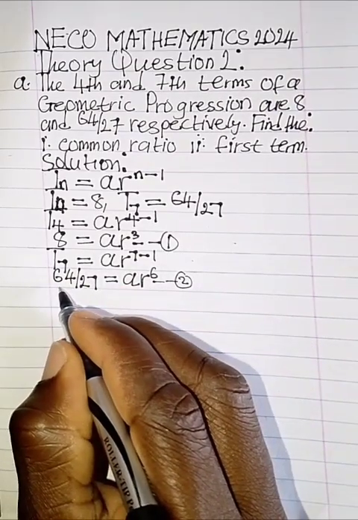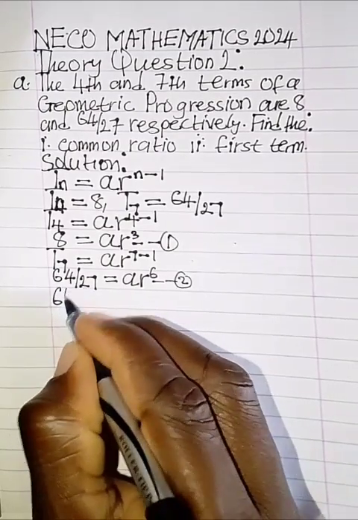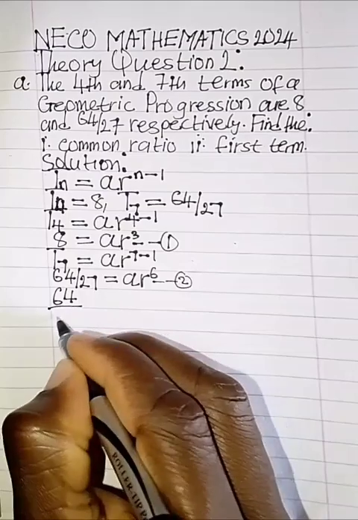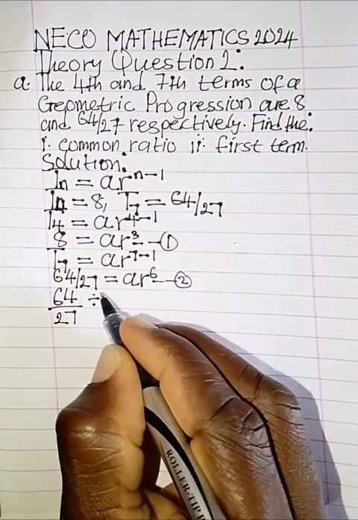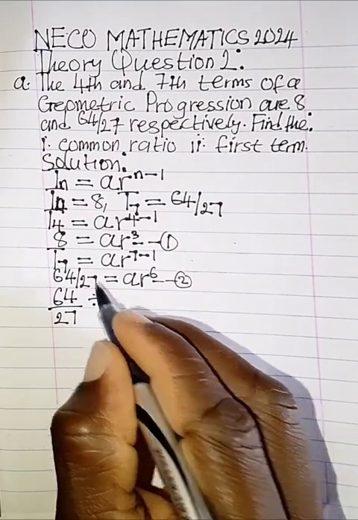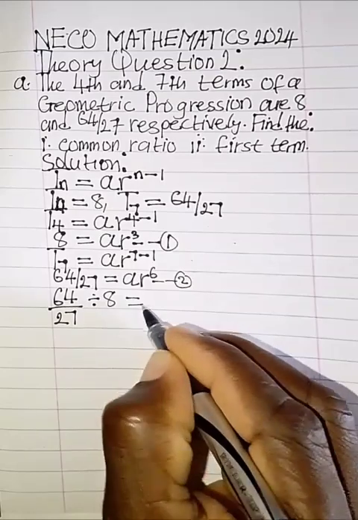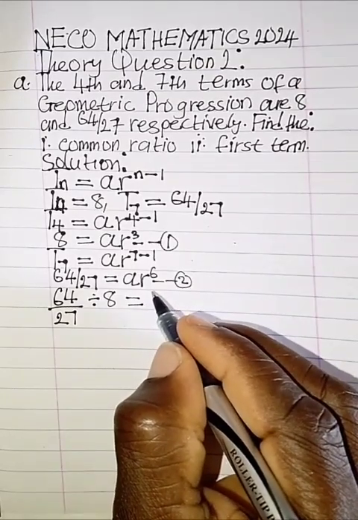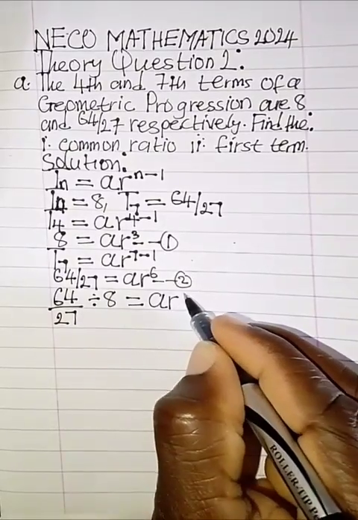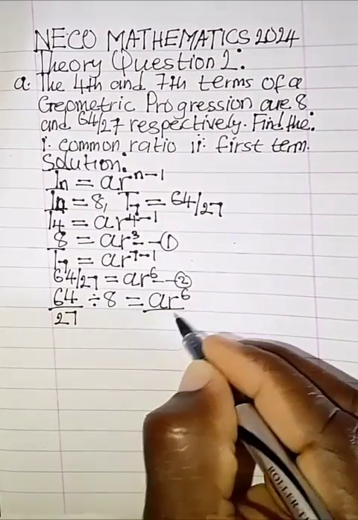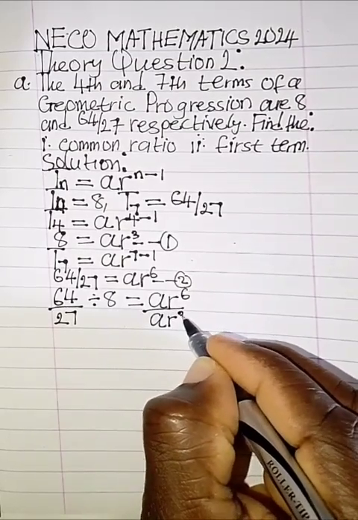So the left hand side of equation 2, that is 64 over 27, divided by the left hand side of equation 1, that is 8, equal to the right hand sides, a r to the power of 6 divided by a r to the power of 3.